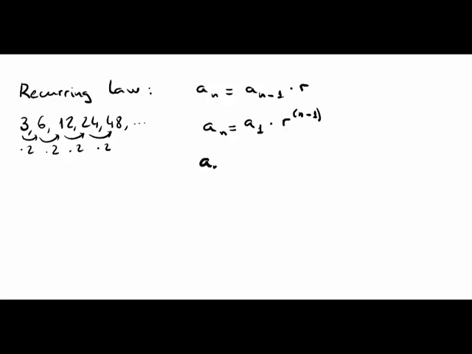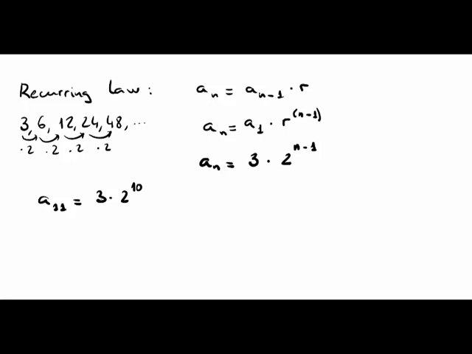In this case, the general term can be calculated by multiplying 3 by 2 to the n minus 1. This way, for example, I can calculate a_11 as 3 multiplied by 2 to the 10th. Okay?